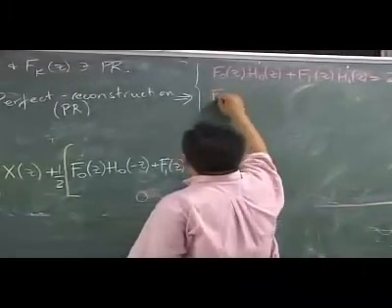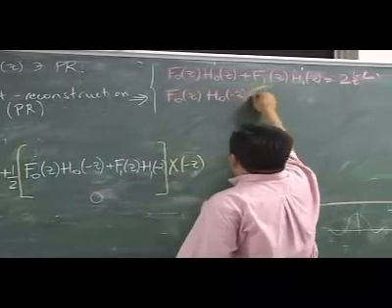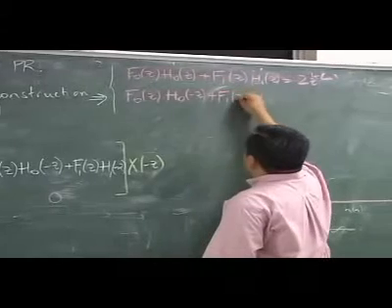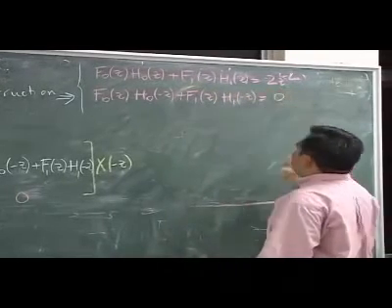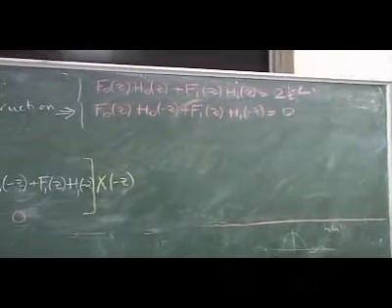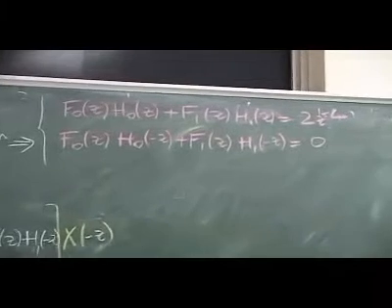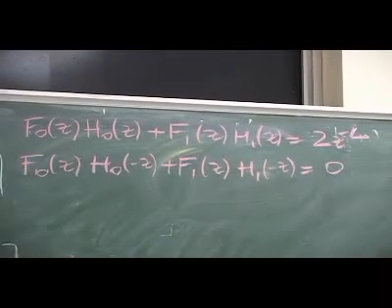So here I have F naught, H naught of minus Z, F1, H1 of minus Z. Any questions? Right?